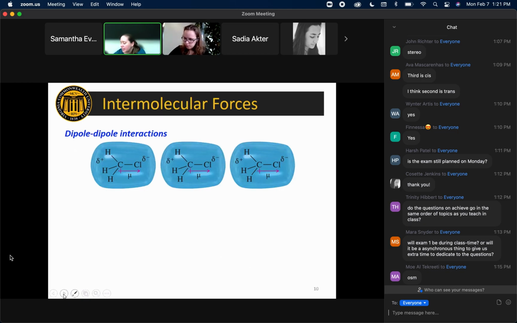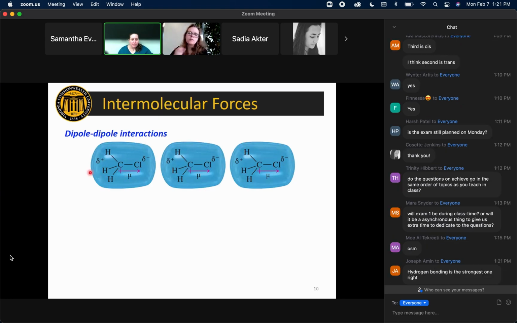Again, remember I said these are molecules that have an inherent or intrinsic dipole, so molecules that are overall polar. When you have a molecule that's overall polar, there's going to be an edge or a side of the molecule that's delta negative and a side that's delta positive.